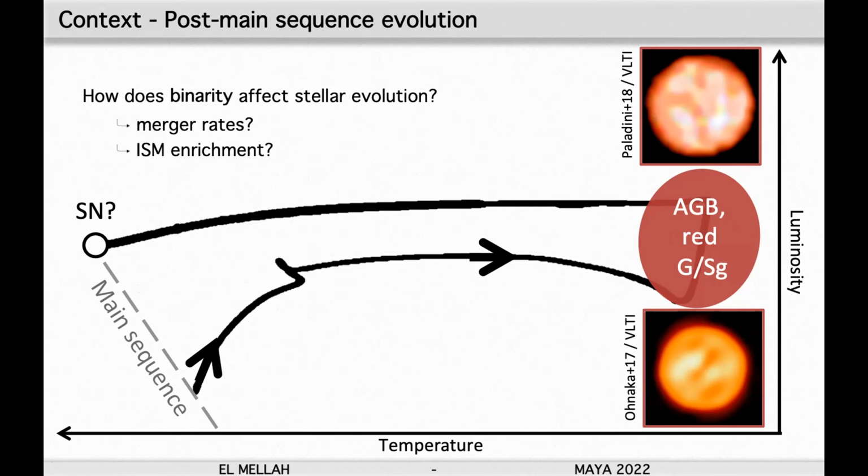And concerning the really big picture, it has an impact further downstream on the merger rates you compute for the coalescence of double compact object mergers, because some of these binaries with a massive cool evolved star are believed to be potential progenitors for the double compact object mergers that we now detect through gravitational wave interferometry.